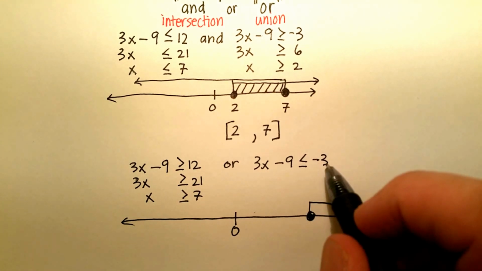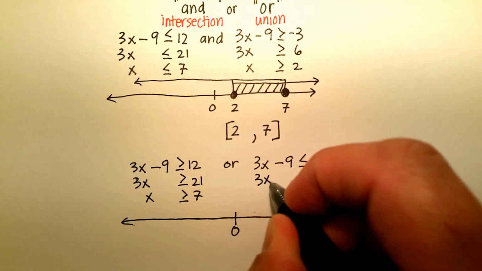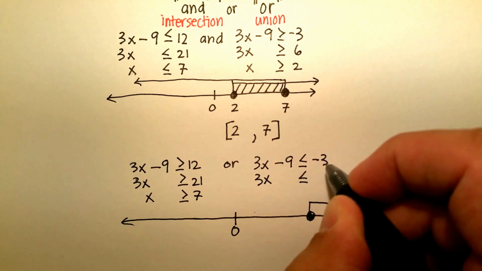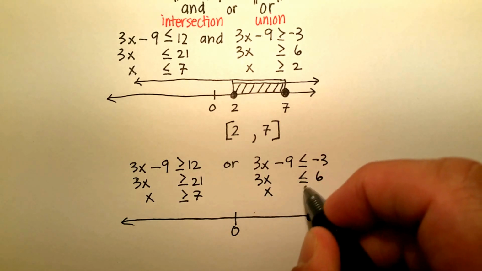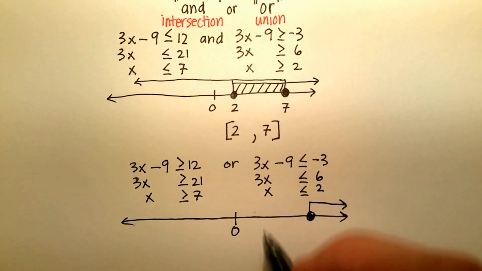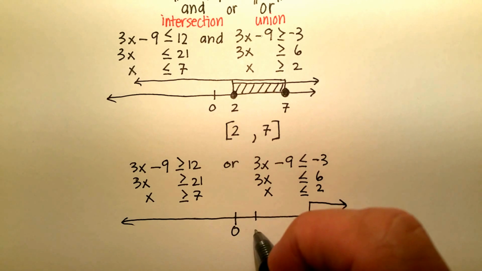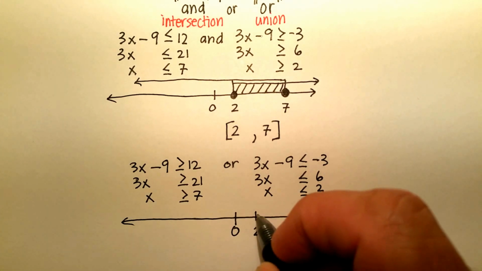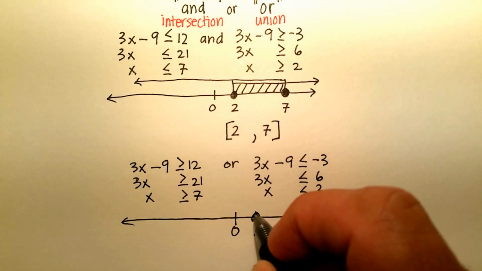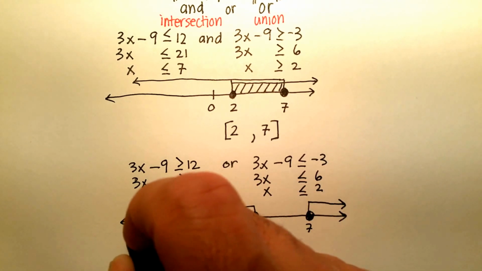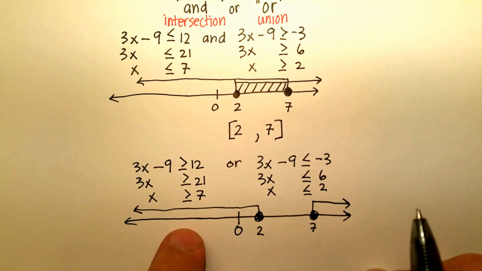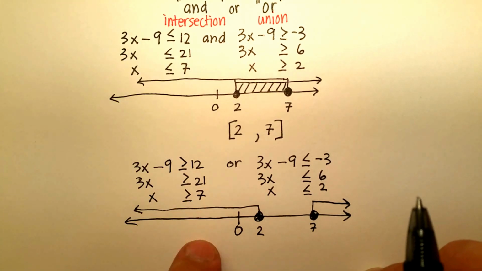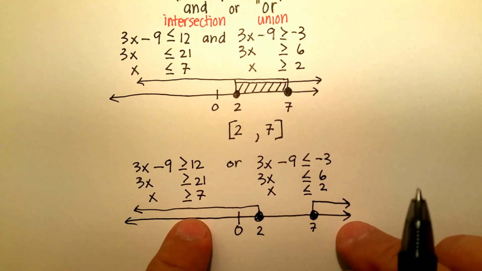Here, let's add 9 again. 3x is less than or equal to positive 6. Divide by 3. X is less than or equal to 2. Let me go to 2. Fill it in. Go in the direction. Now see what happens here. There is no overlap. There is no intersection between the two answers.